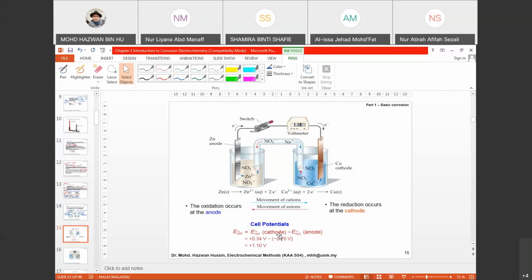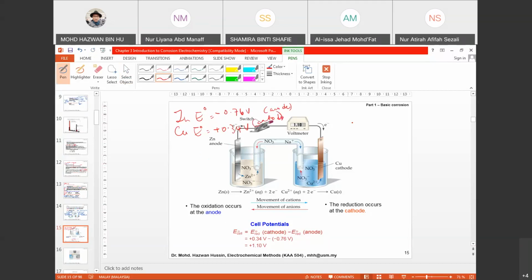In this case, I think I've told you that for zinc, the standard potential is given as minus 0.76 volt, and for copper, it's not 0.2, it is positive 0.34 volt. Then you know that this will be anode, this will be cathode.